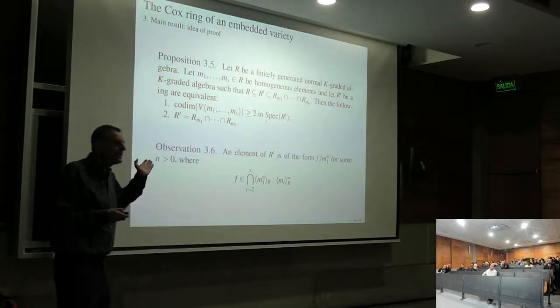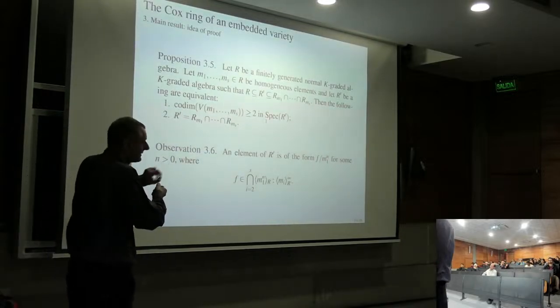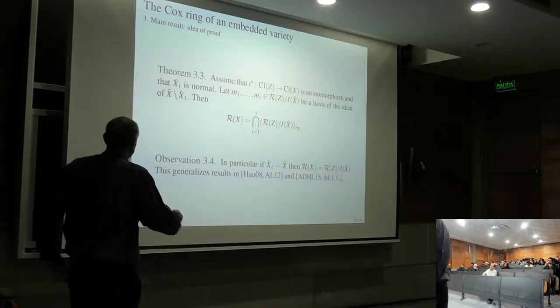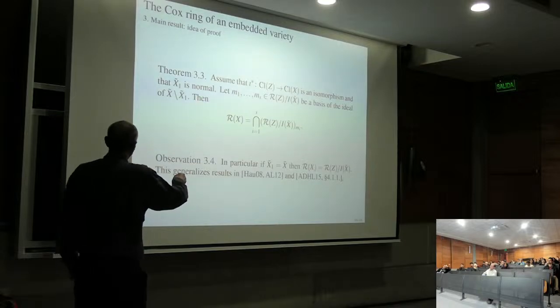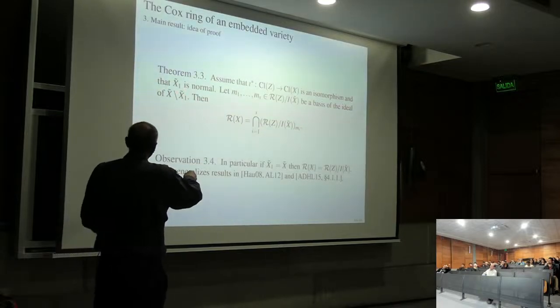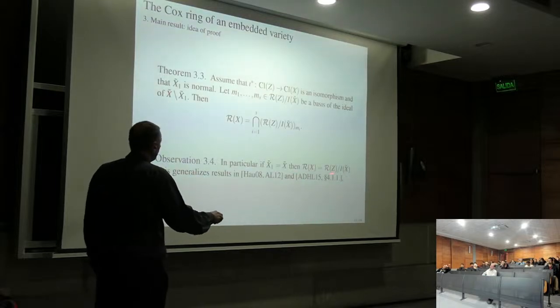So if you think about what I told you before, let me go back for a second. There was this in particular, no? Whenever there are no divisors, I mean whenever X1 tilde coincides with X tilde, then you have the Cox ring.